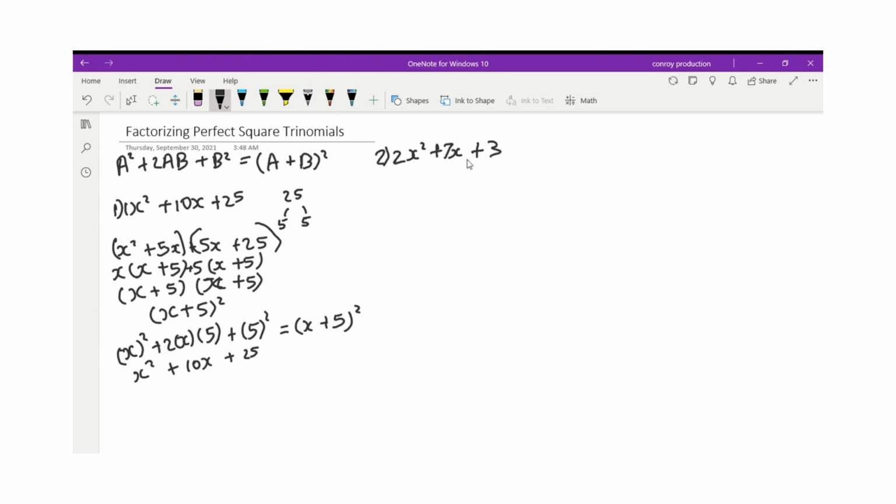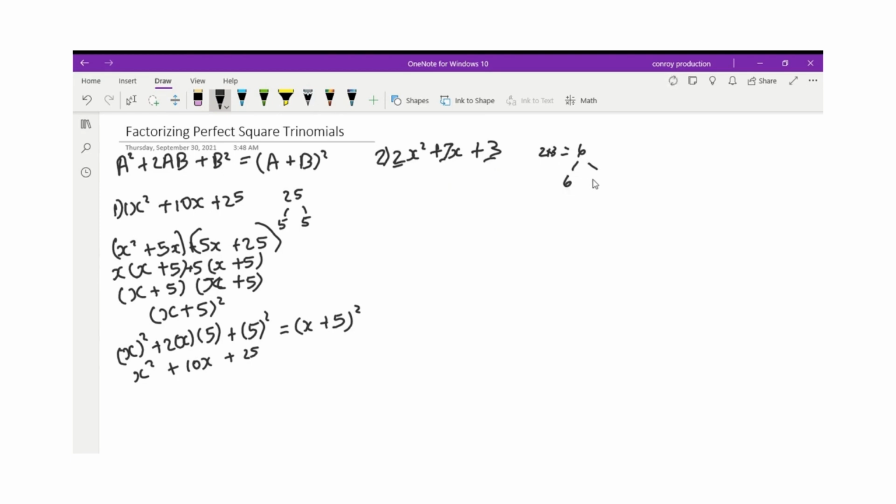Now this is a little different, as this example has a coefficient. This would be our a, this is our b, and this is our c. We're going to multiply 2 times 3, which gives us 6. Now find two factors of 6 that when we add, give us the b term, which is 7, and when we multiply, we get back this 6.